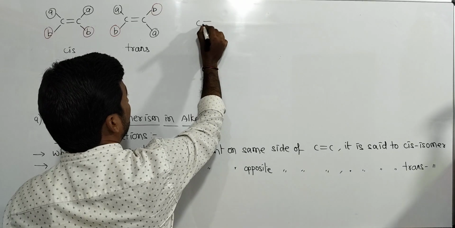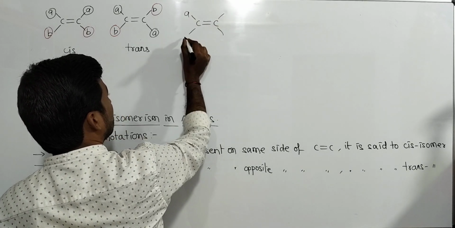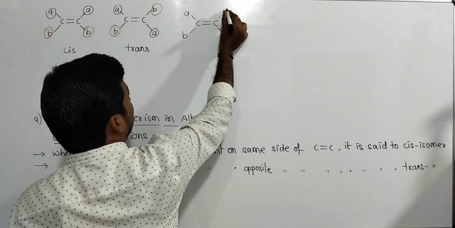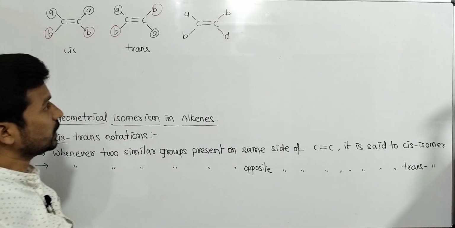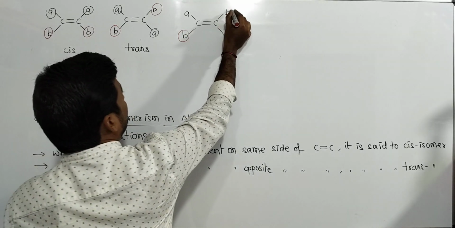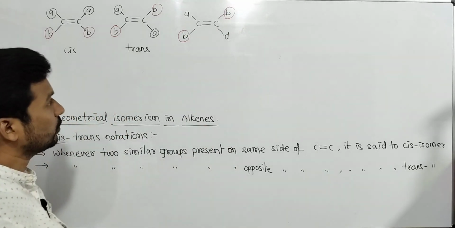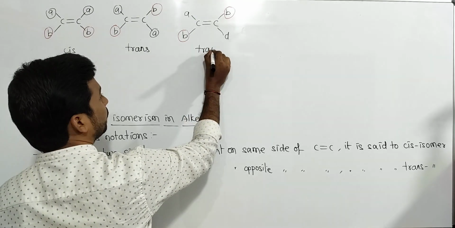If you take only one similar pair, A here, B here, B here, D here, in this case with respect to B only we can assign geometrical isomerism. The B groups are present on the opposite side, so trans isomer.